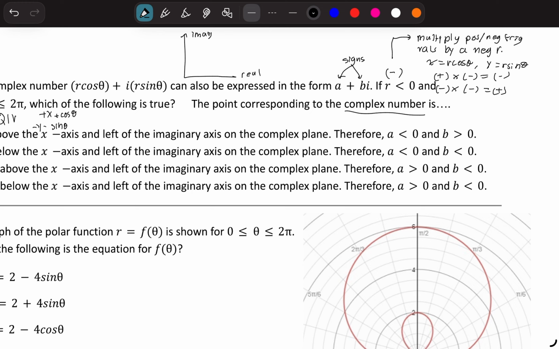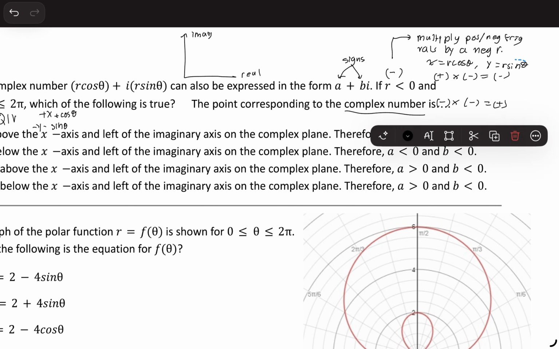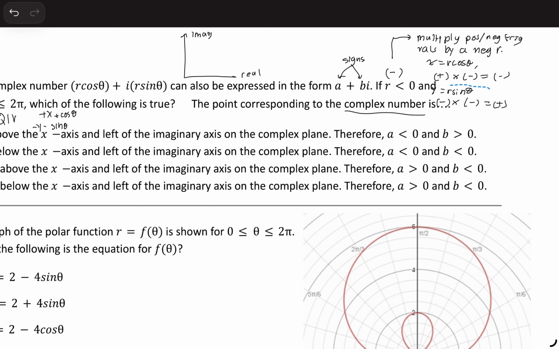So because we have that, x is going to be negative and y is going to be positive. So that means the point is in Q2.